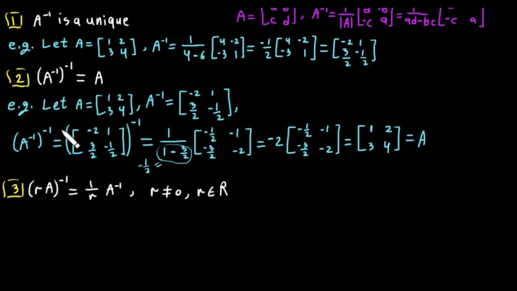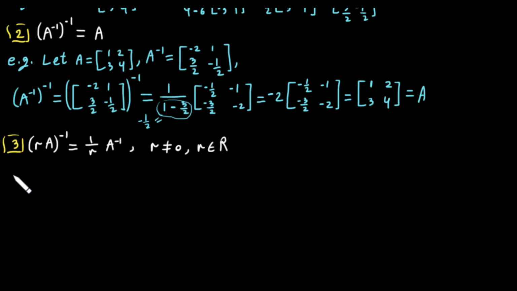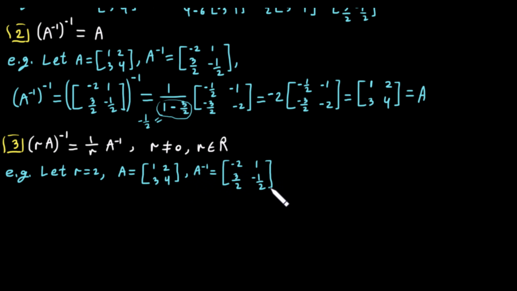Let's go down a little bit. Now let's give you an example about this. Let R equal, for example, 2, and let's put A and A inverse here. I will speed it up to write them. Now if I want to illustrate this property, let's write 2 and A, which is here: 1, 2, 3, 4.